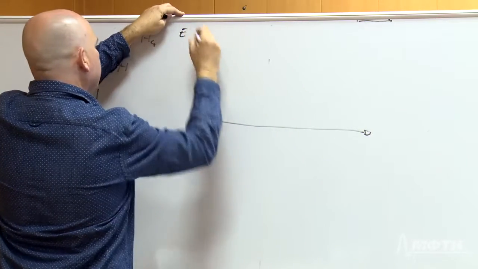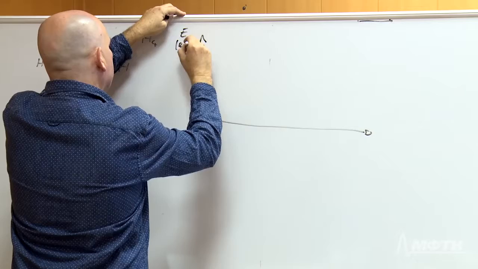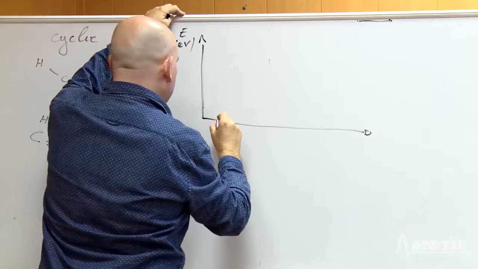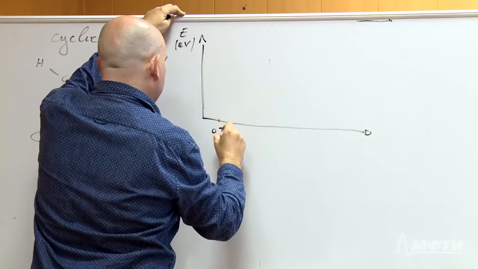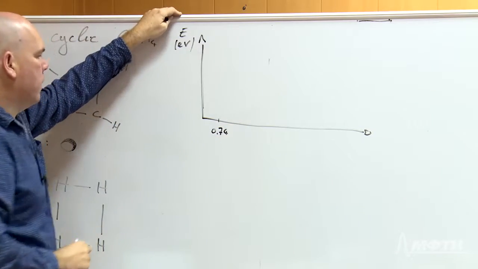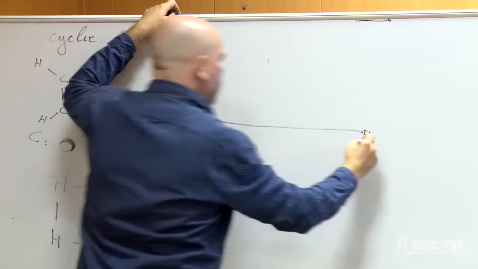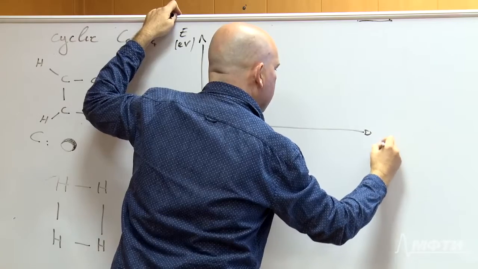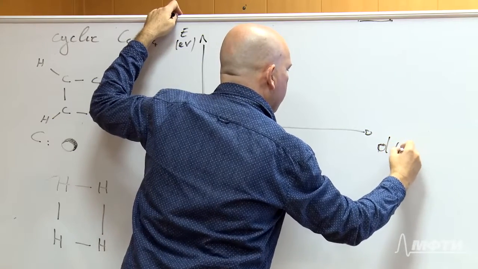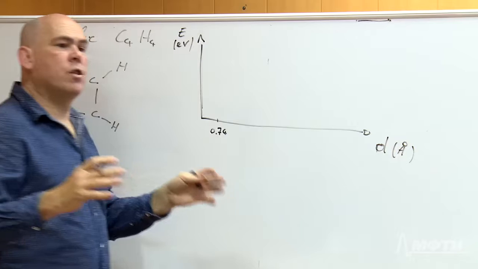Here is the energy, or we can use eV. Here, let's say that we have 0.74 angstrom. So here the distance in angstrom between two hydrogen atoms.